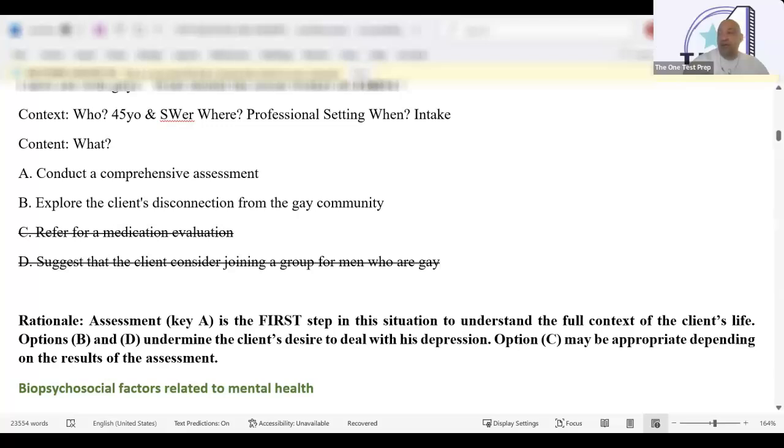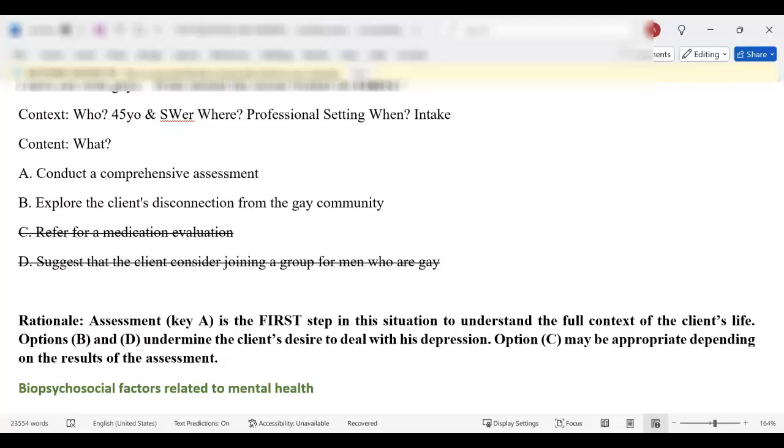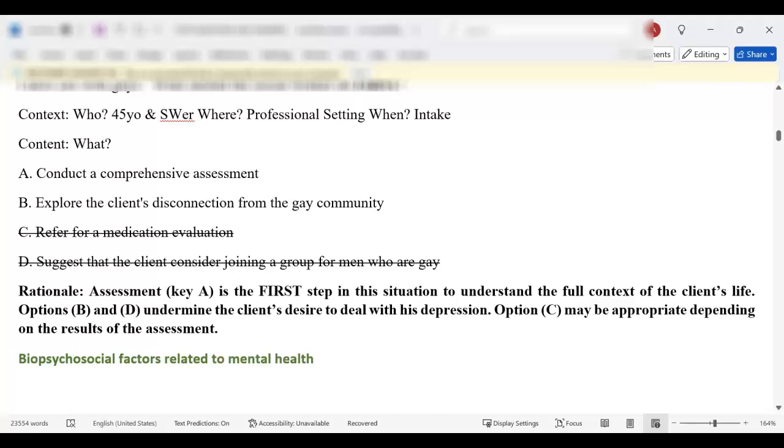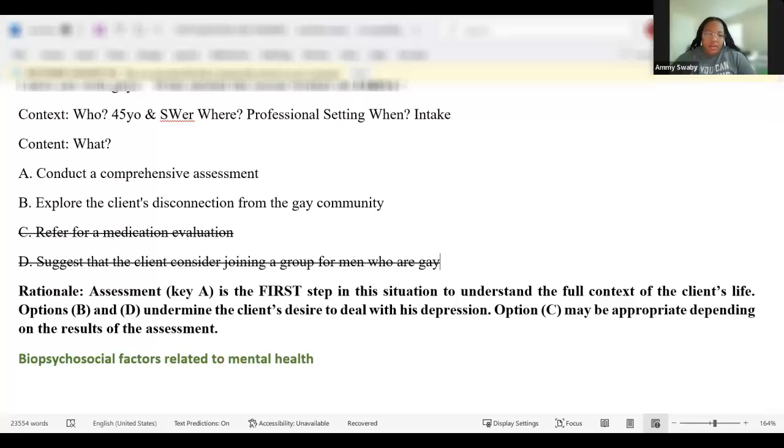Amy, can you please read the rationale to the group? Assessment key A is the first step in this situation to understand the full context of the client's life.